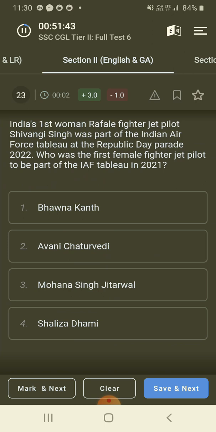India's first woman Rafale fighter jet pilot Shivangi Singh was the first of the Indian Air Force at the Republic Day Parade 2022.